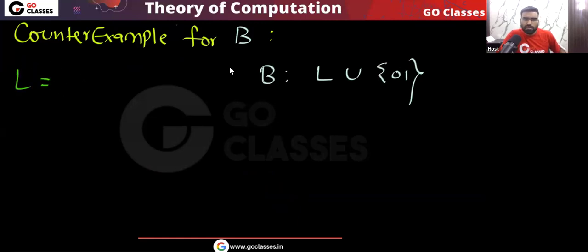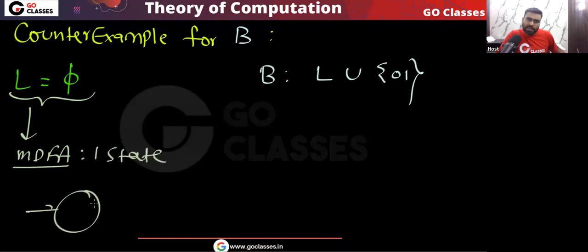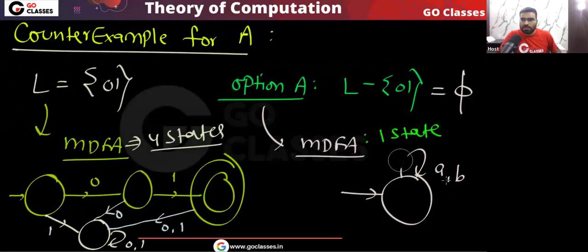You can take L equal to sigma star minus 0 1, or basically you can take the empty language. The minimal DFA will have one state. You can easily see this will be one state in the minimal DFA.